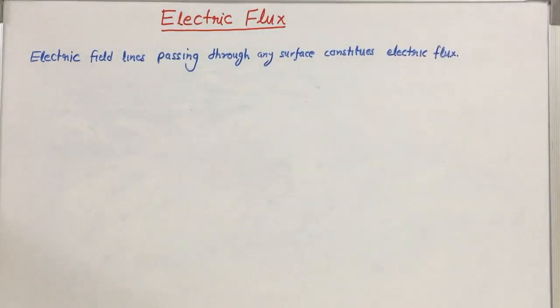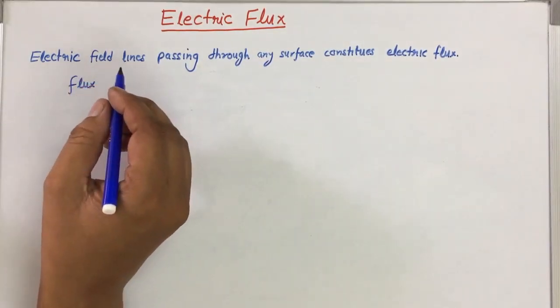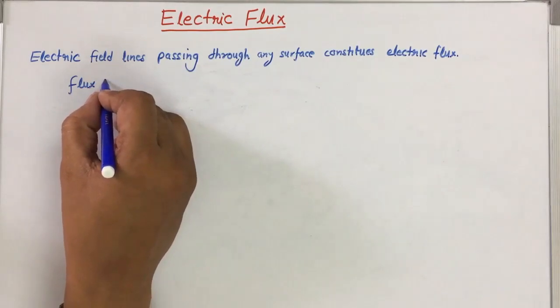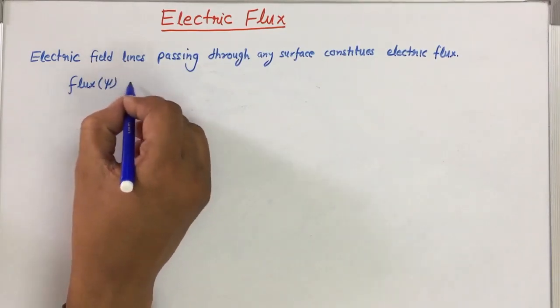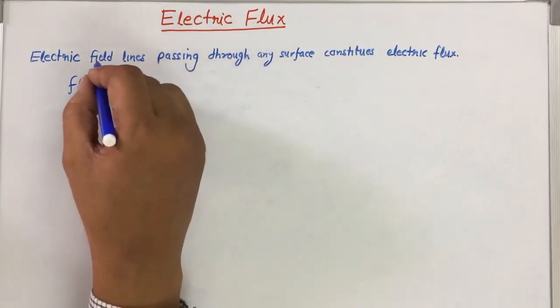Okay, in this way, flux, that is represented by phi, is directly proportional to the number of lines.